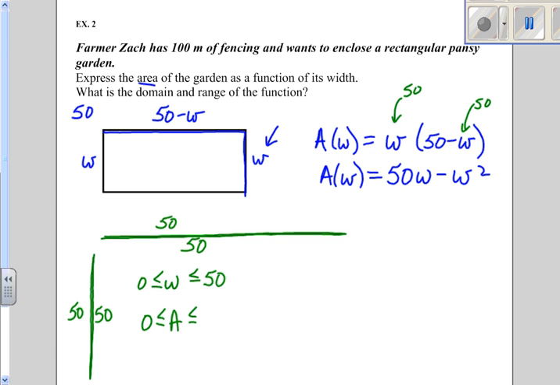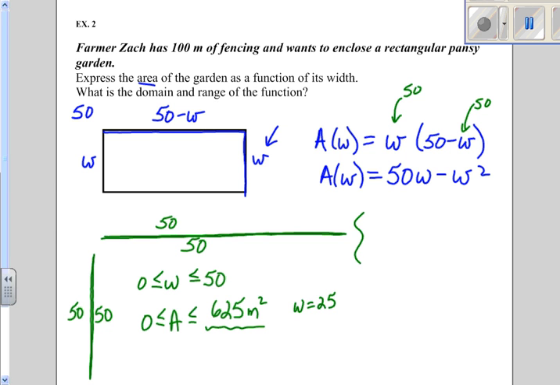So the maximum area that I can get is right in the middle, when your width is 25. I am getting that knowledge from grade 9, when we looked at the fact that a square makes the maximum area for a given perimeter. So my maximum area is 625 meters squared.